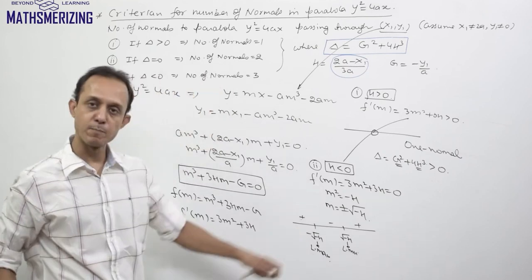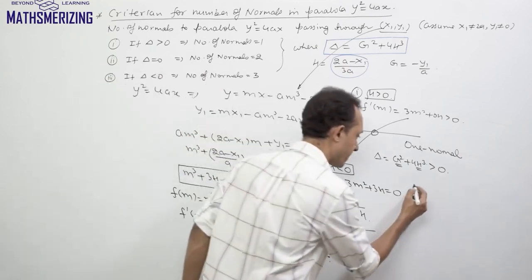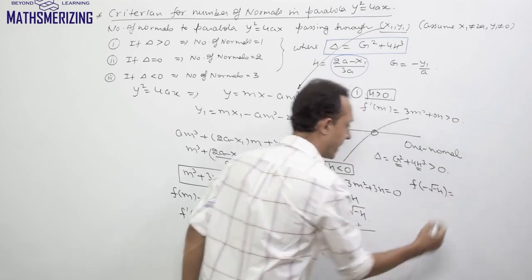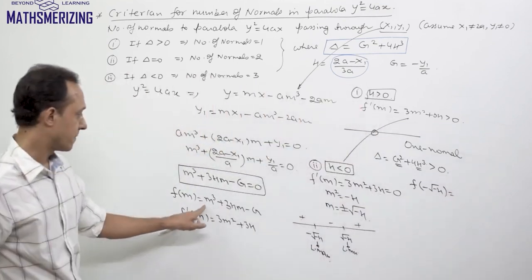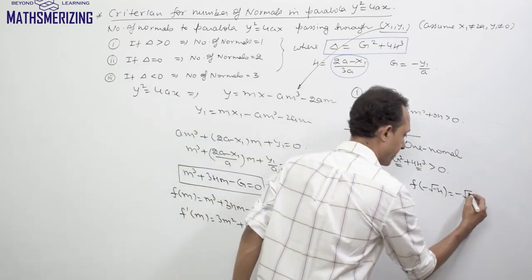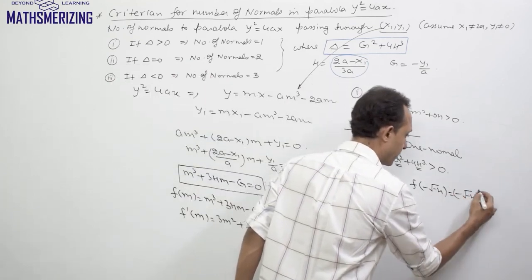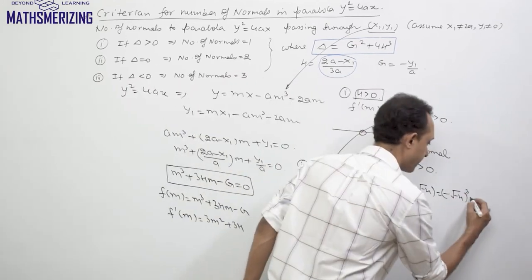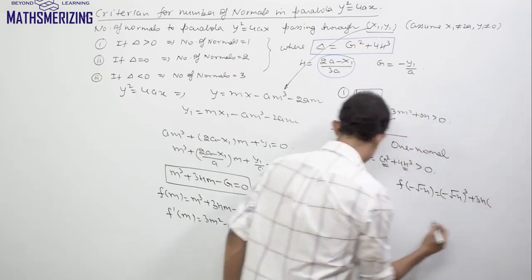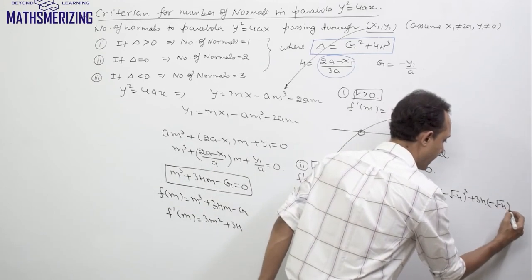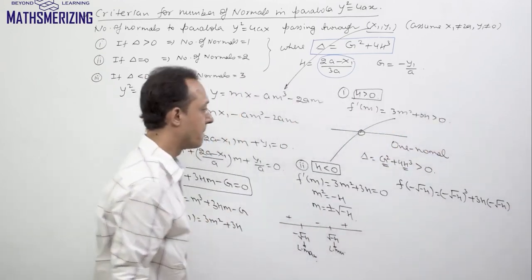So I'll find the values at these points. I'll find the value of f at minus under root of minus h. If I put the value of this, I'll get minus under root of minus h cube, and then plus 3h, and in place of m, I'll write minus under root of minus h, and then minus g.